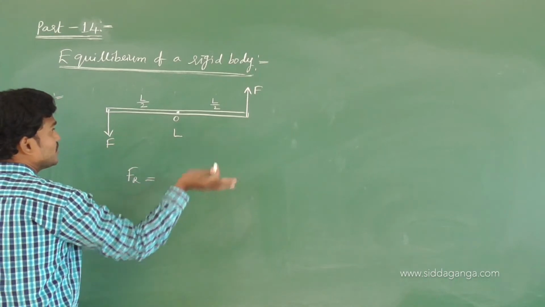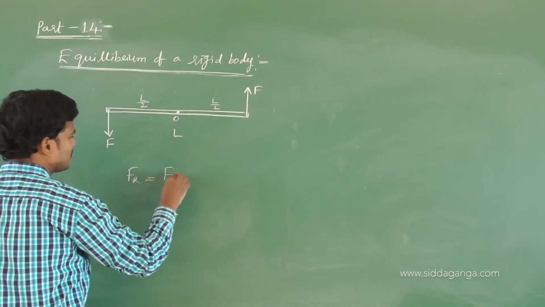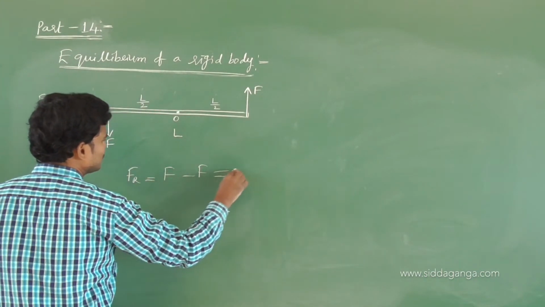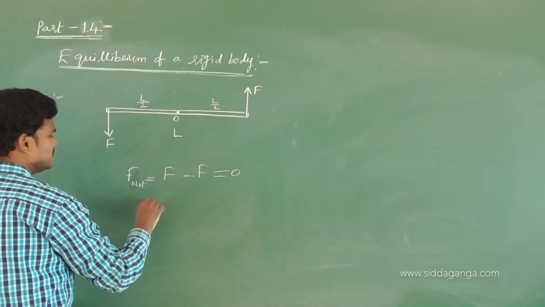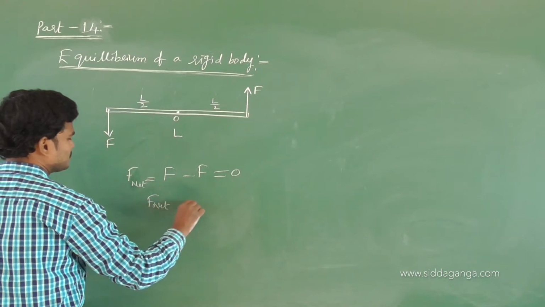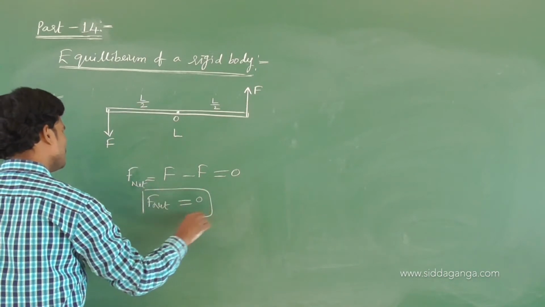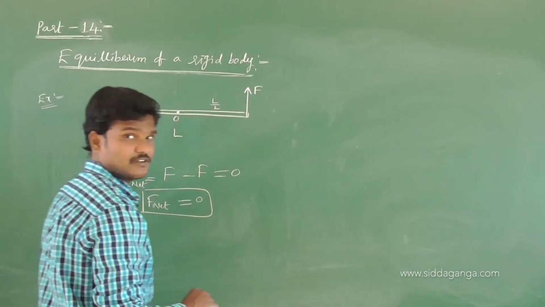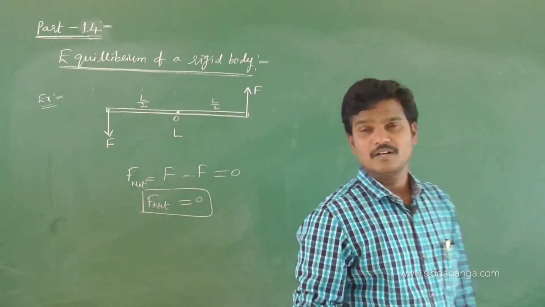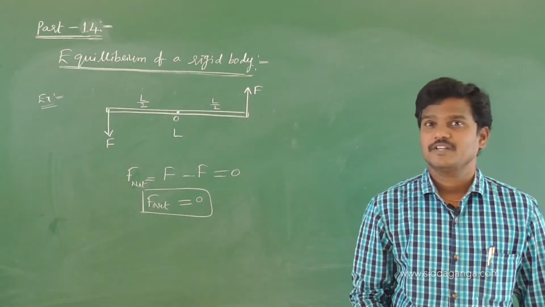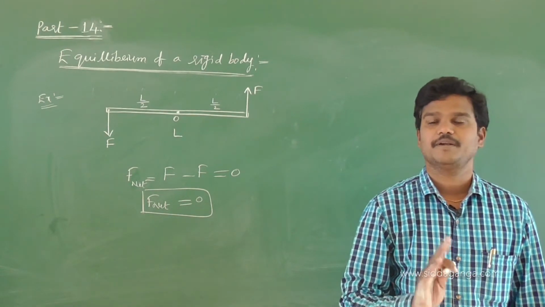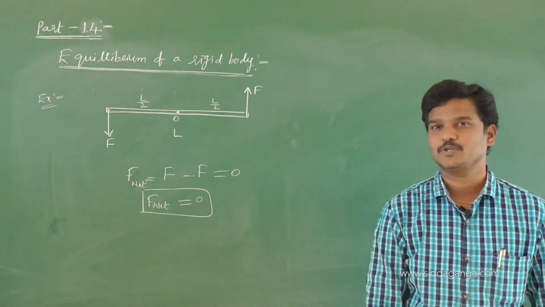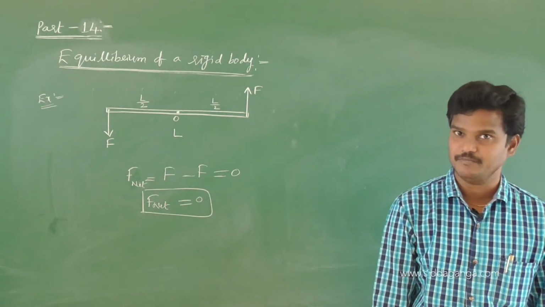One force is up, the other is down. So what is the net force? The net force acting on the rod is 0. Net force 0 means what is the condition? If the net external force acting on a rigid body is 0, then that body is said to be in pure translational equilibrium.